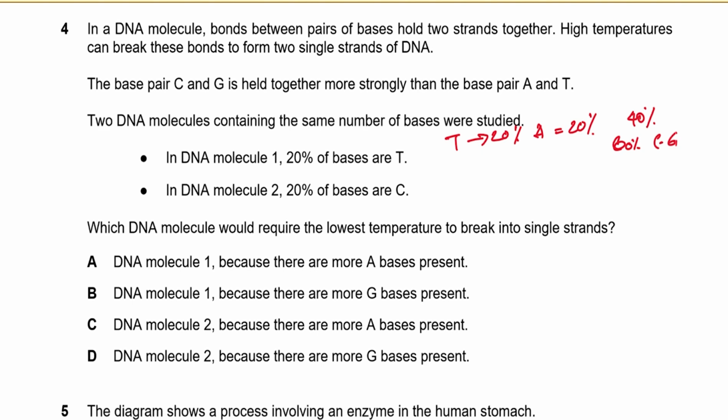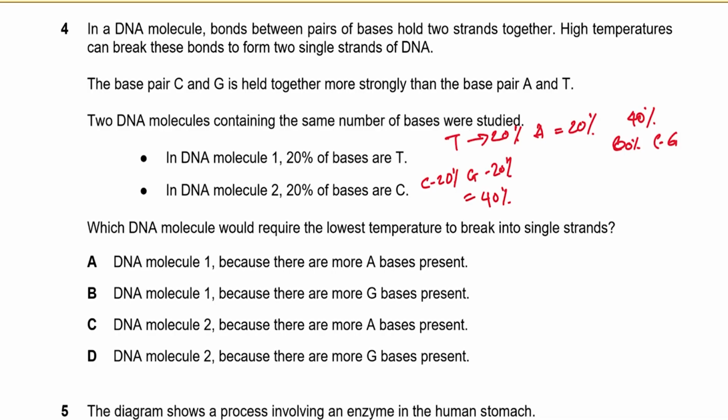Okay, then we go to molecule number 2. In molecule number 2, we have 20% of C. So if we have 20% of C, it means we also have G at what? At 20%. So total percent of C and G will again be what? 40%.